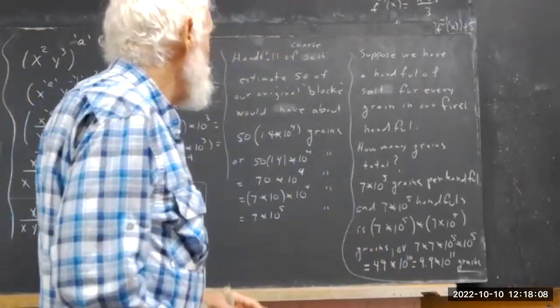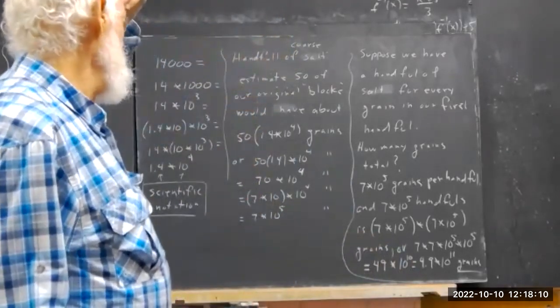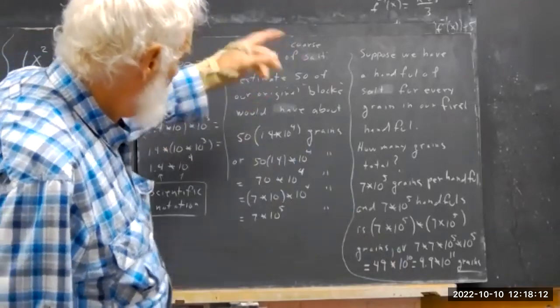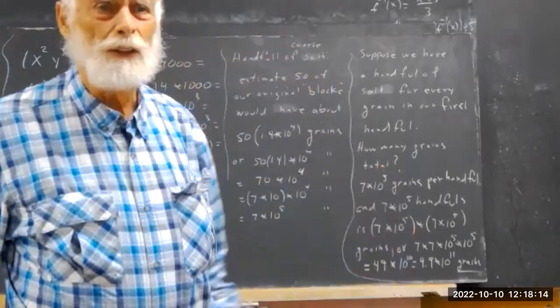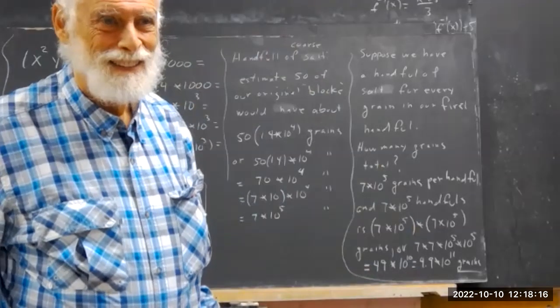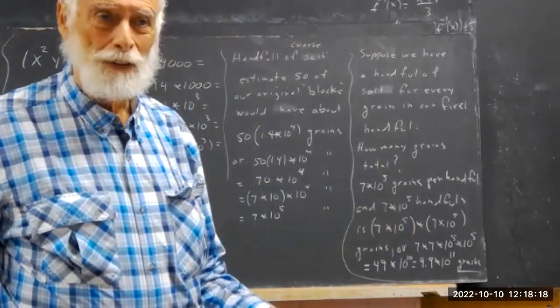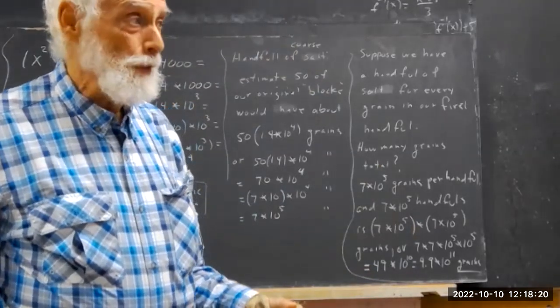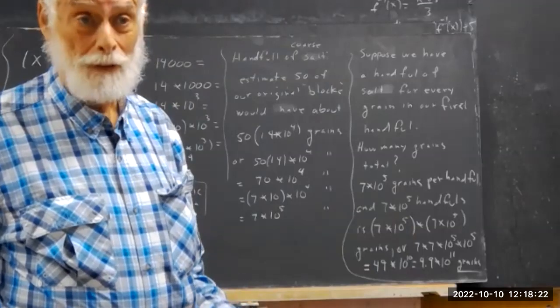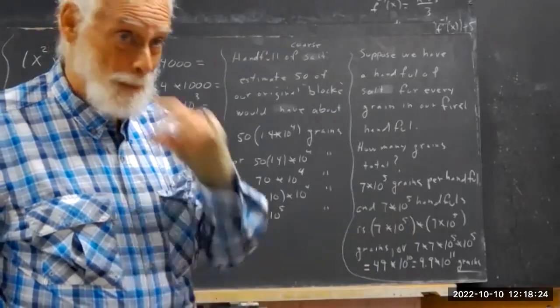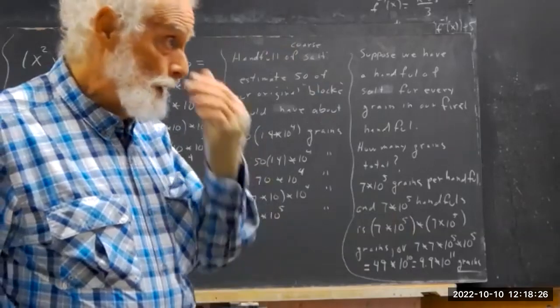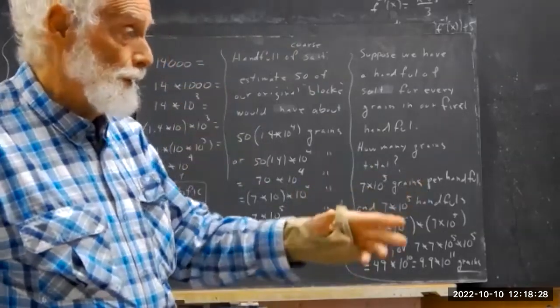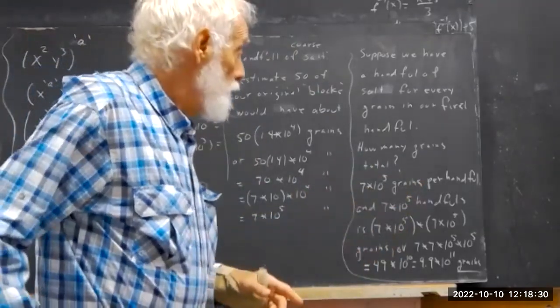Now, that's if we are talking about grains of salt. If we're talking about grains of sand, they're way tinier than grains of salt. There might be 1,000 grains of sand for every grain of salt. Okay, fine sand. The way that salt is, that's pretty coarse salt.